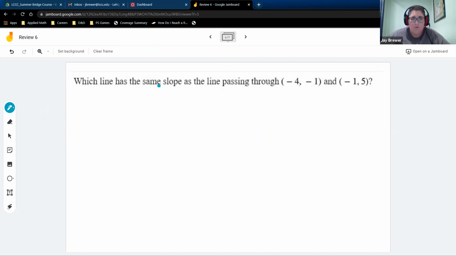All right, so we need to figure out a line that has these 2 points. So we have to figure out the slope first. Slope is equal to the change in y over the change in x. So change in y, we're going to do -1, so we're starting here, -5. Change is always going to be minus.